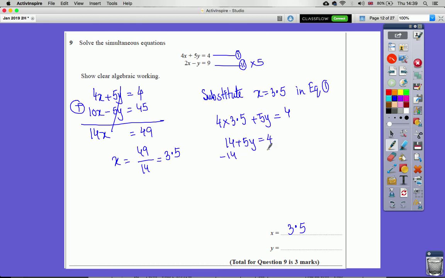Subtract 14 from both sides. So 5y is equal to negative 10, divided by 5 on both sides. Y is going to be negative 2. So your final answer for this simultaneous equation is going to be x is equal to 3.5 and y is equal to negative 2.